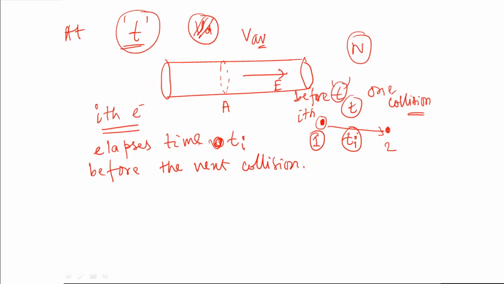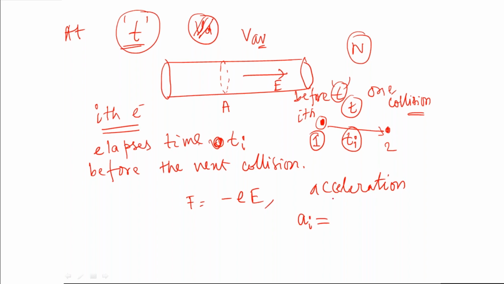Since the electric field is there, it will exert a force on this electron also. What is the force? That is minus e times E. If there is a force, then the electron will have a certain acceleration, right? So what is that acceleration, for the ith electron?